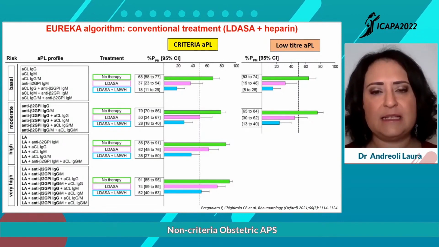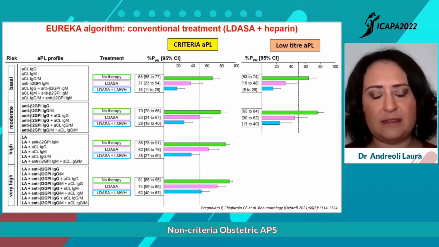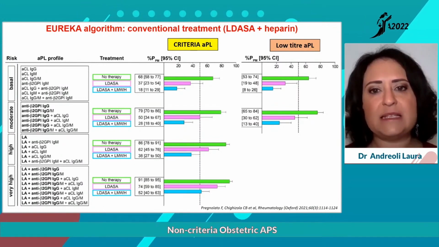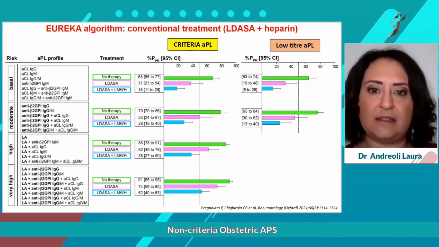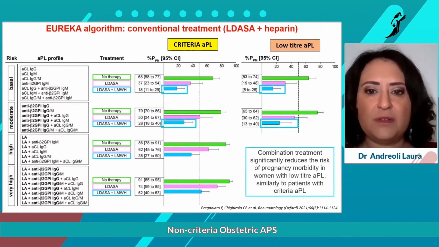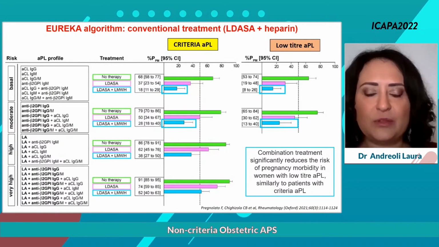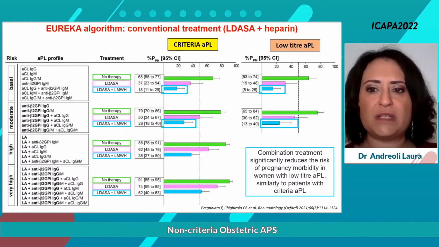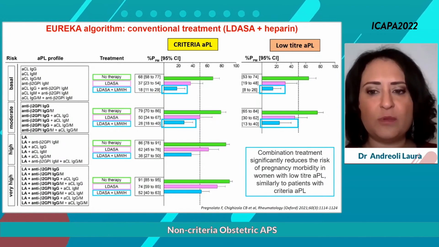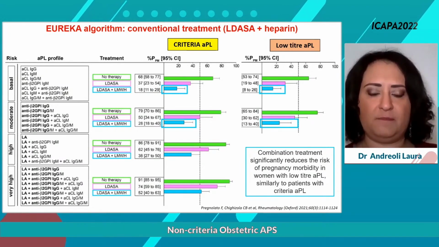If the bar stays below, so towards the left of the line, it means that the reduction of pregnancy morbidity is significant. And so you see the combination treatment was able to reduce the risk of pregnancy morbidity in both groups, so even in patients with low titer antibodies.